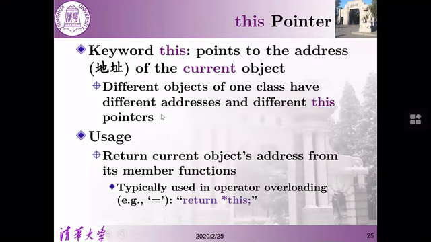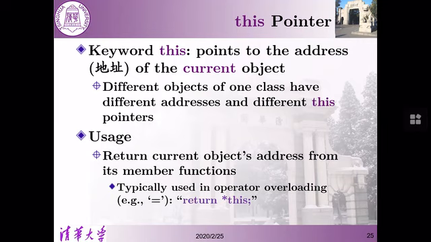Now we will learn the this pointer. The this pointer points to the address of the current object. Different objects of one class have different addresses and different this pointers. Typically, the this pointer is used in operator overloading.